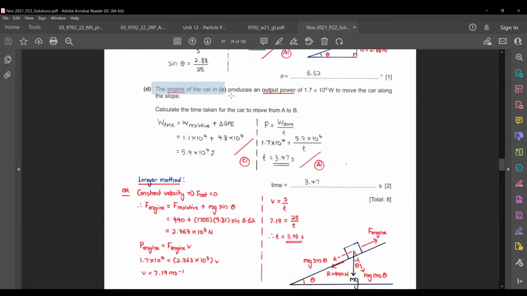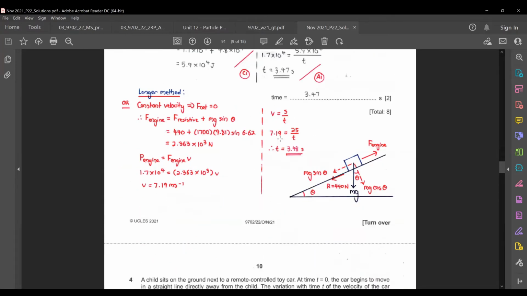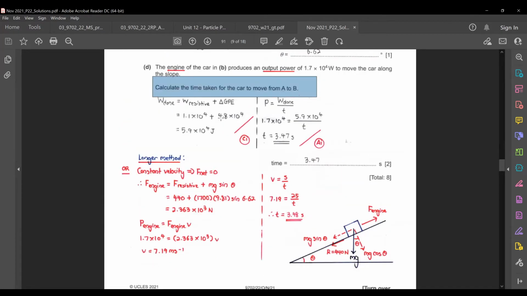Now the engine of the car produces an output power of 1.7 times 10 power 4 watts to move the car along the slope. Find out the time taken for the car to move from A to B. Based on what we have here, we want to find out the time taken for the car to move from A to B. Now, if we want to use energy conservation here, we can.